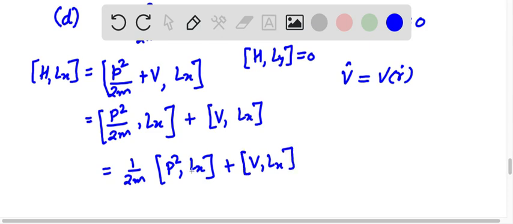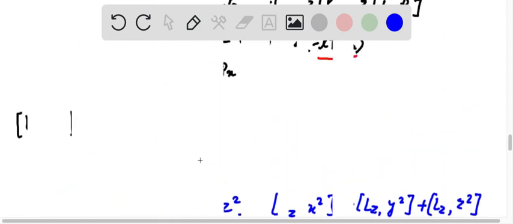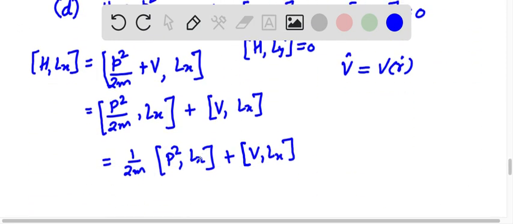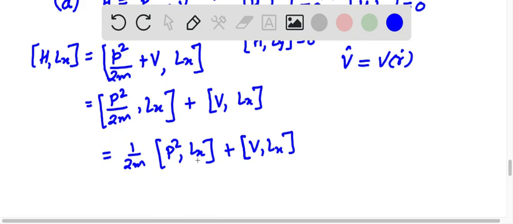As we know that this p square commutes with Lx, as we showed previously, that the p square and Lx commutation relation is 0, and we showed that [Lz, p square] is 0.